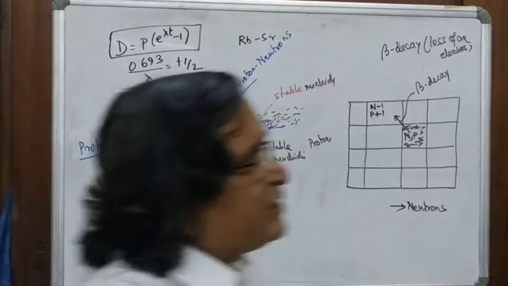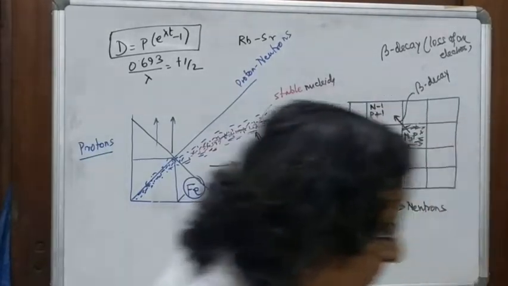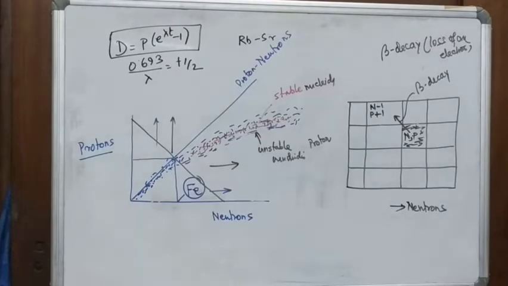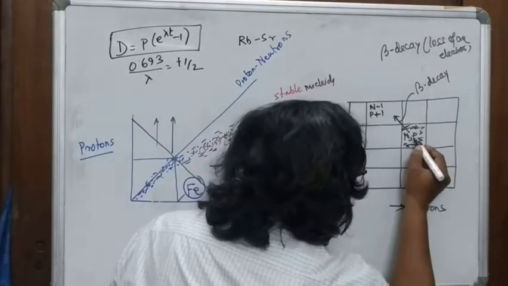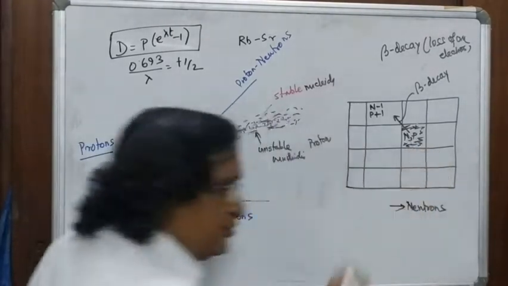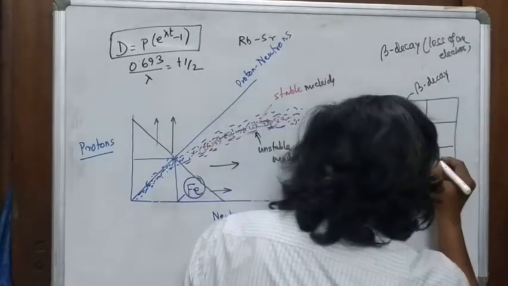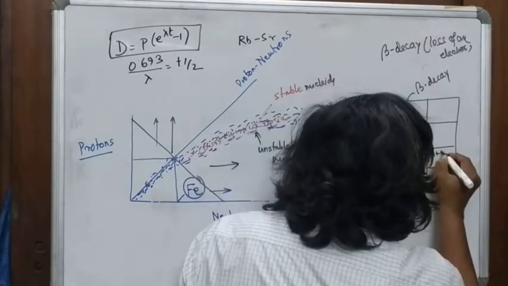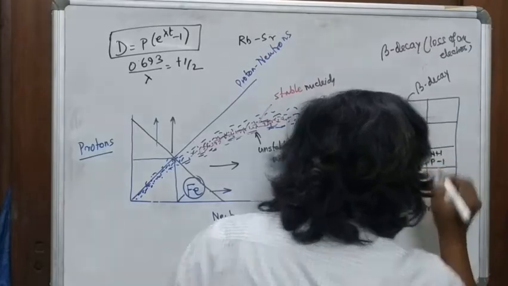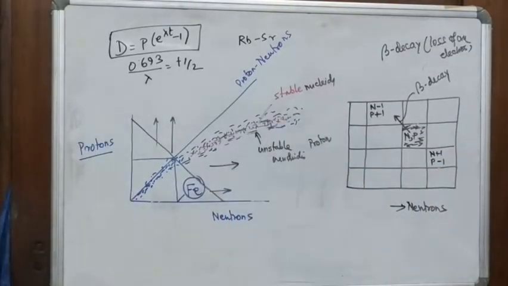Now you go to electron capture. The moment you do that, an electron capture, you can see one proton is converted to a neutron. Electrically, it becomes uncharged. So here you have N plus 1, P minus 1. Have you understood?